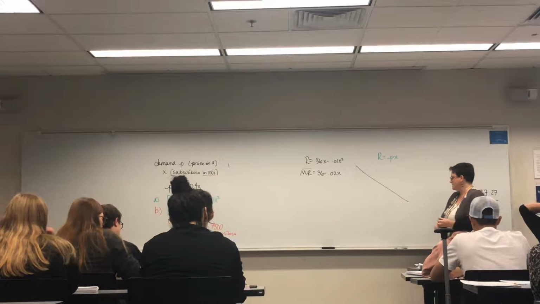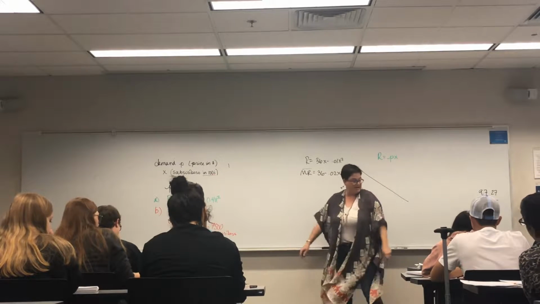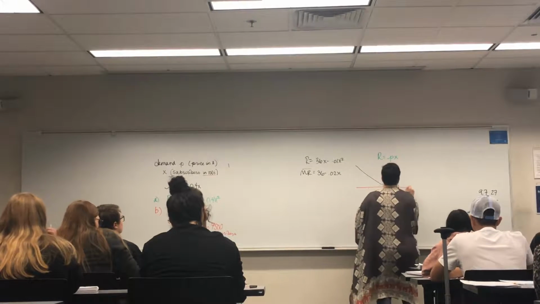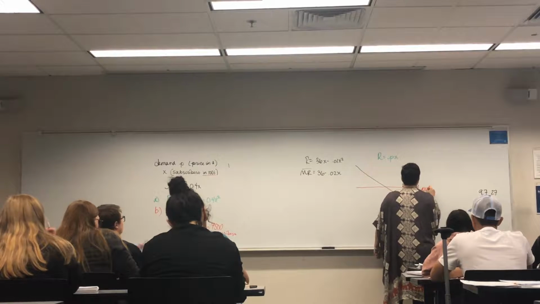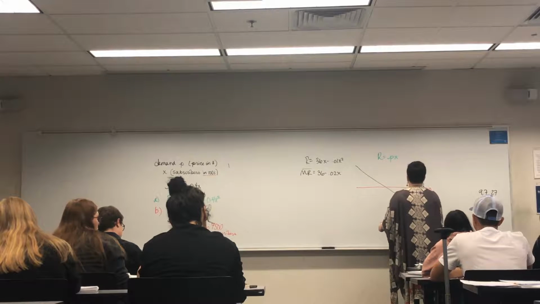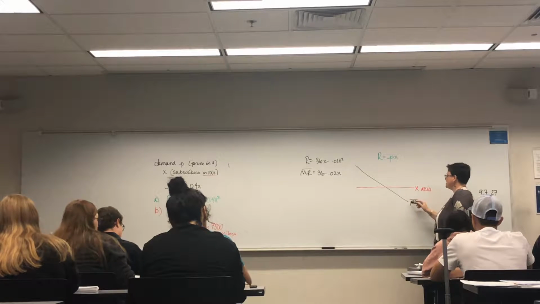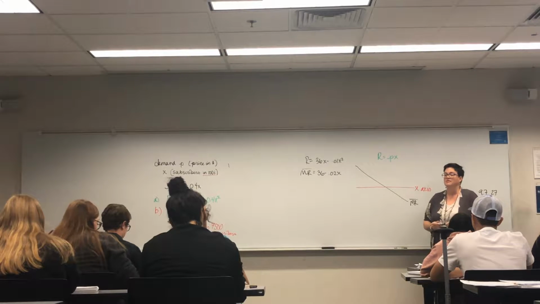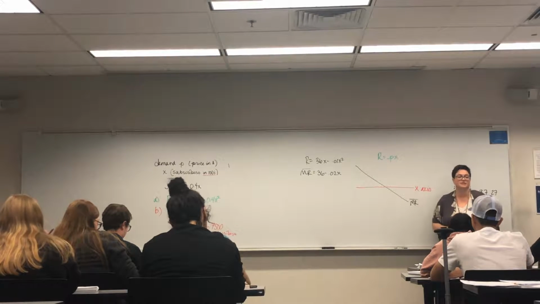And when it crosses the x-axis, wherever that happens to be, here's my x-axis, and here's my marginal revenue. So wherever this crosses the x-axis, that's maximum revenue, isn't it? Or that's the point at which maximum revenue is achieved.